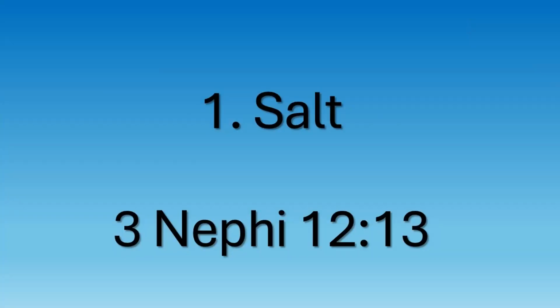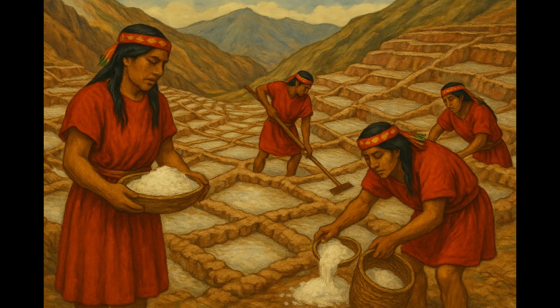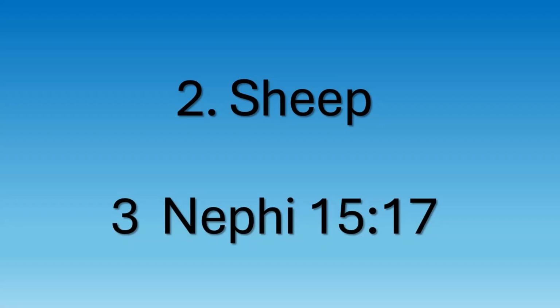Salt. Archaeologists tell us that salt was used by indigenous people throughout all the pre-Columbian Americas. So the Lord's analogy would have conveyed meaning to audiences in all three of the proposed models for the Book of Mormon lands. Sheep.